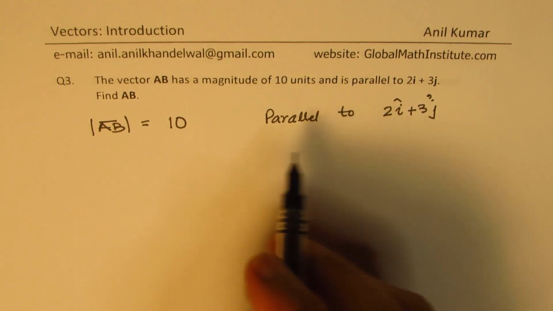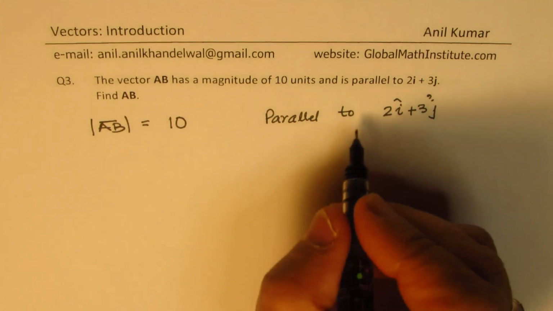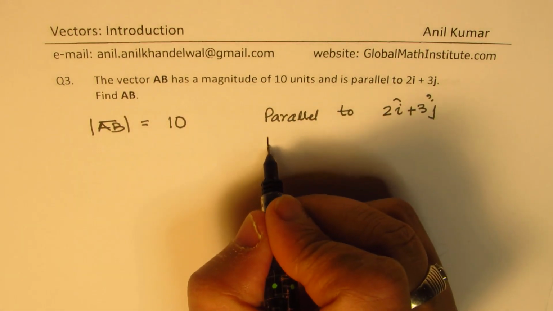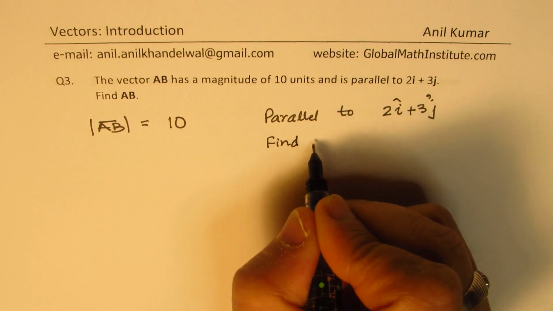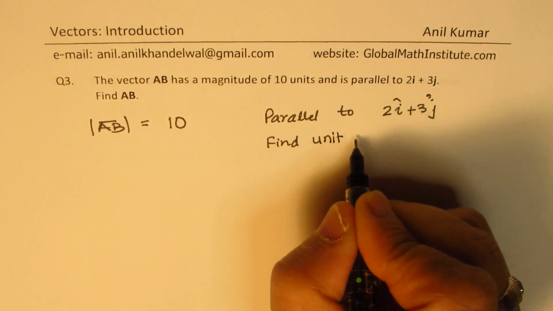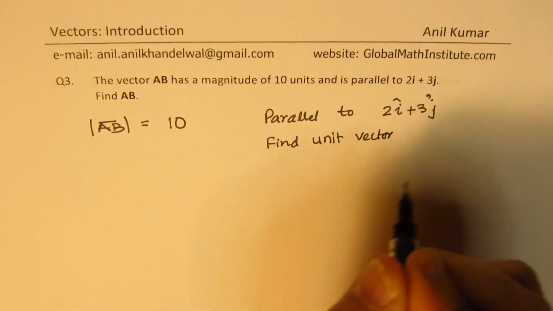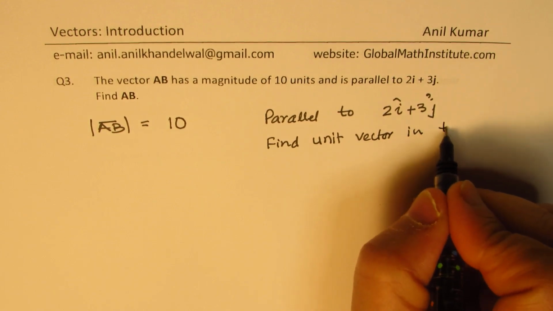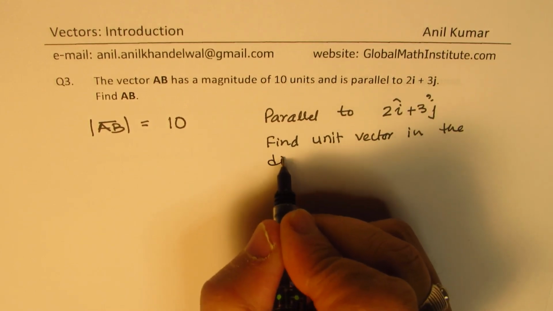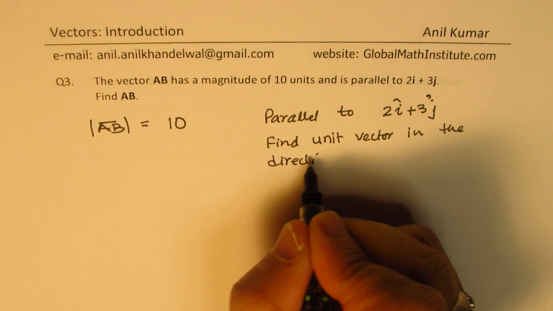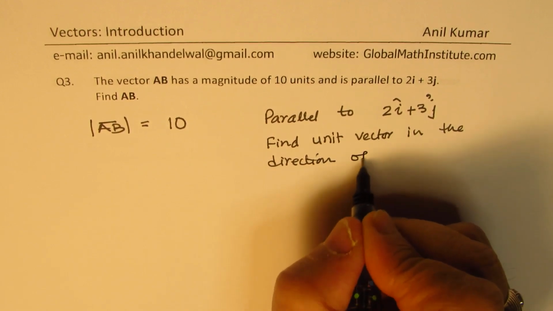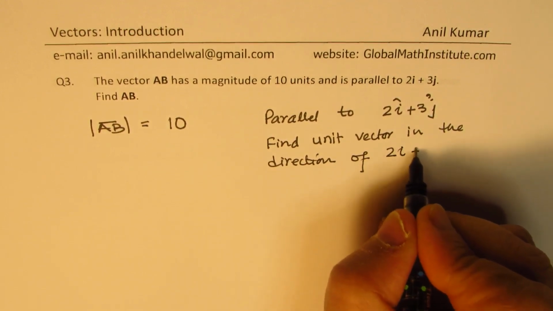So what we should do here is find the unit vector in the direction of 2i plus 3j.